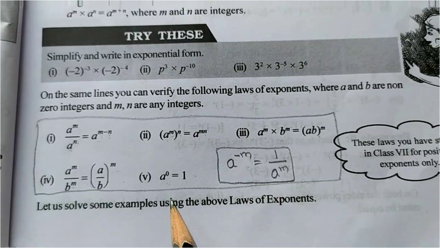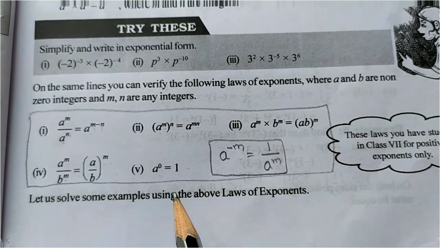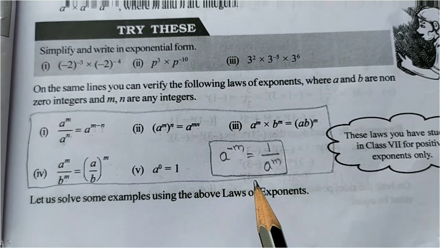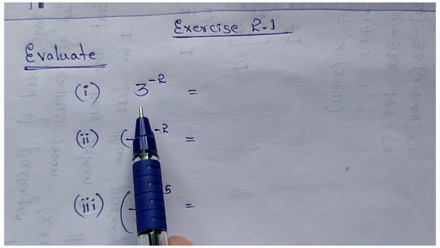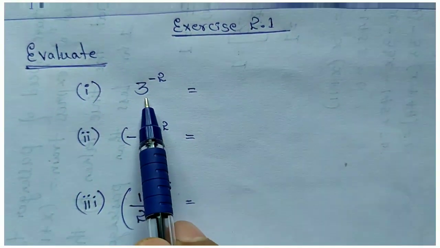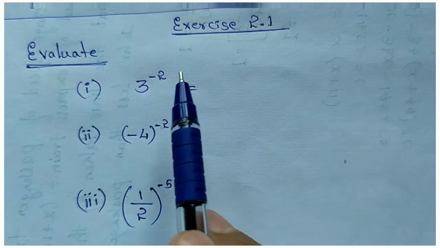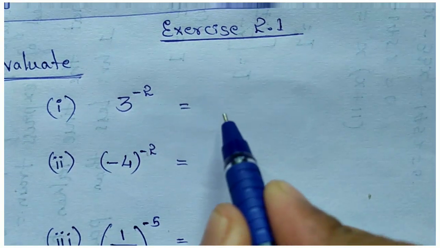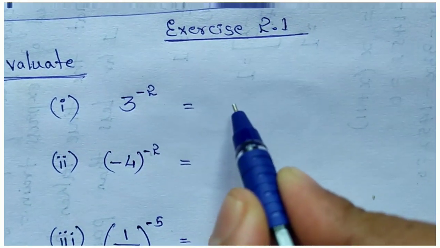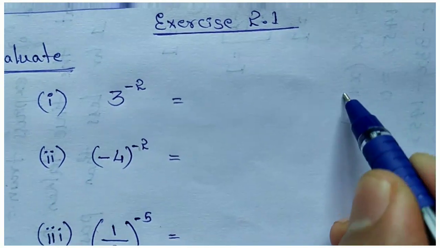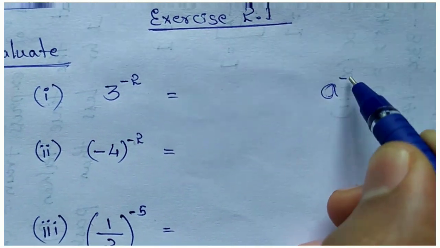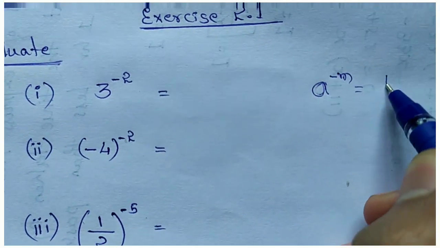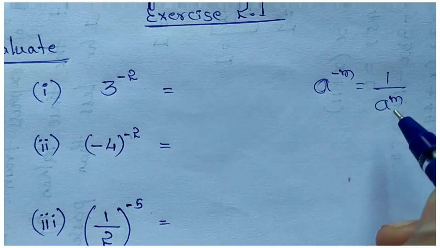So using these laws of exponents, now we are going to solve the exercise. Now in exercise, first question, evaluate 3 to power minus 2. Okay, how to write that one? So we know the law of exponent, that is a power minus m gives us 1 by a power m.